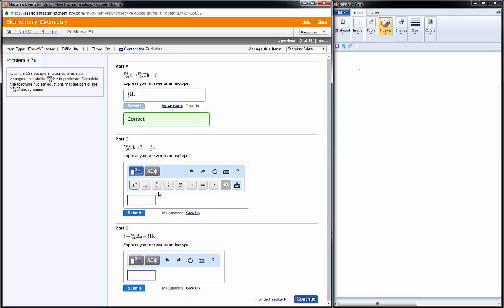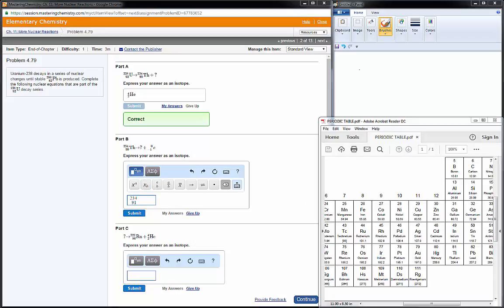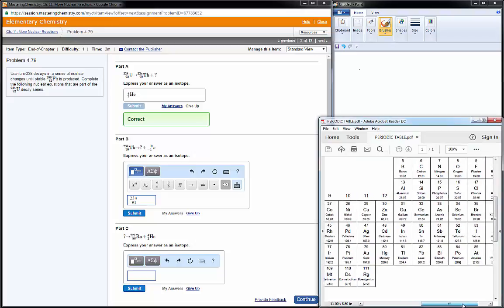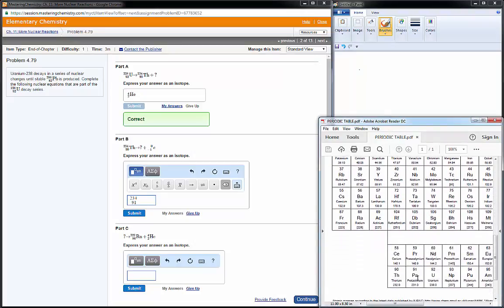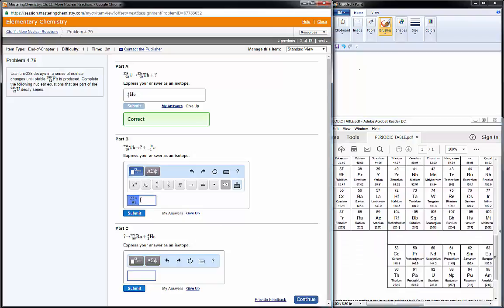In this case, 234 equals 234 plus 0, and 90 equals 91 plus a negative 1. So element number 91, if we bring up our periodic table here, 91 is right here, protactinium, Pa.